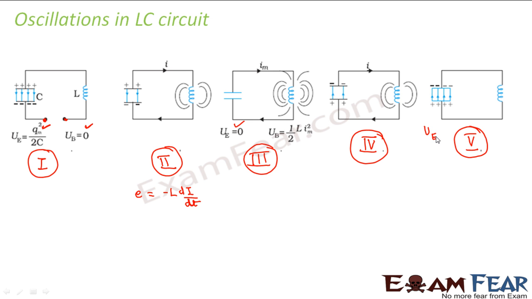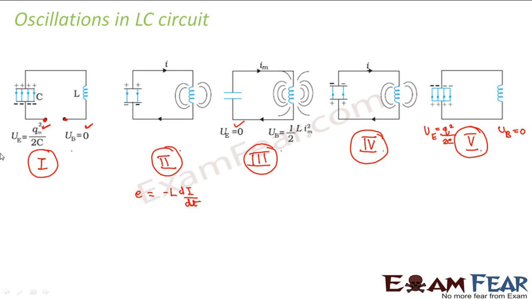At this step the electric field energy would be Q square by 2C and the magnetic field energy would be 0. This process will keep continuing, and such oscillations of the electric field energy and magnetic field energy between a capacitor and inductor respectively are termed as LC oscillations.